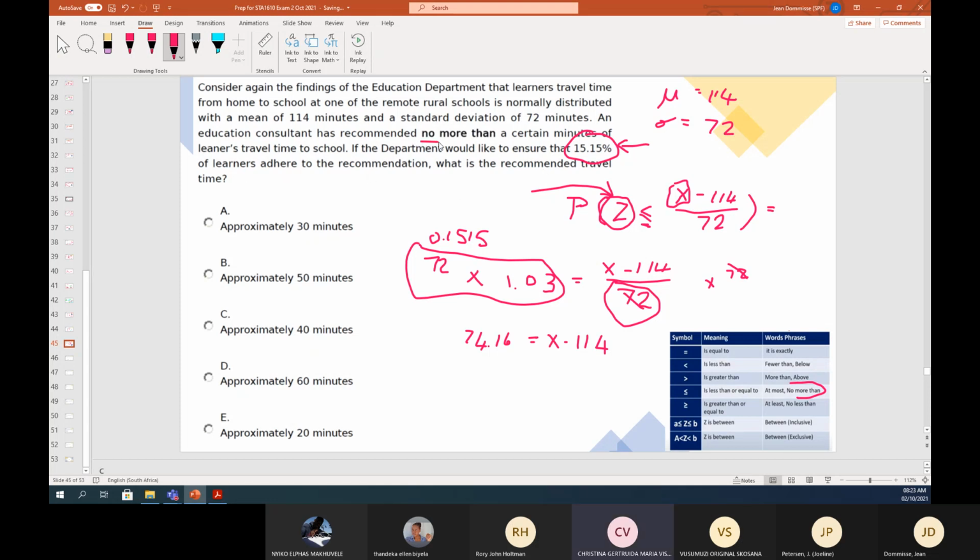I used the negative z value when I did this in the assessment. Yes. And let's just say no more than. So you would have said that. Yes. Okay.